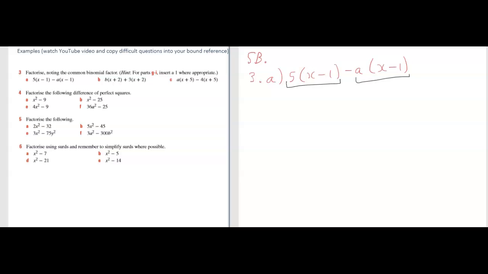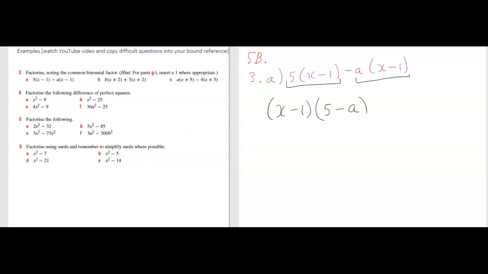We're going to take x minus 1 out as a common factor, and then we're left with 5 minus a. When we expand that, we would get the same thing, basically. So we're just factorising.